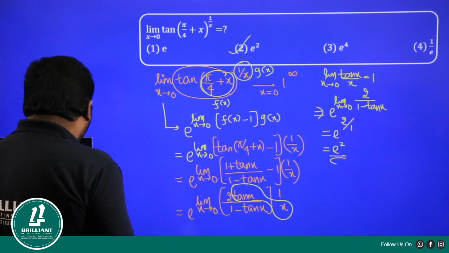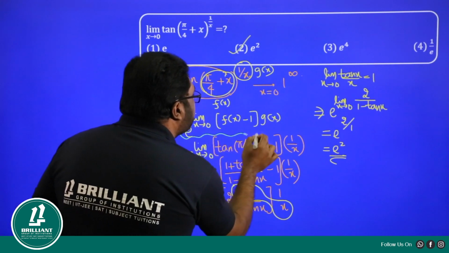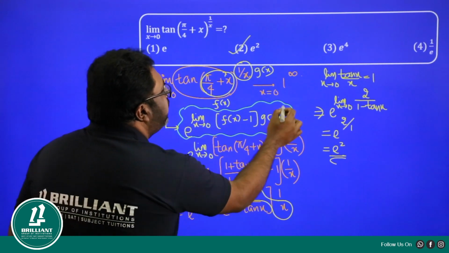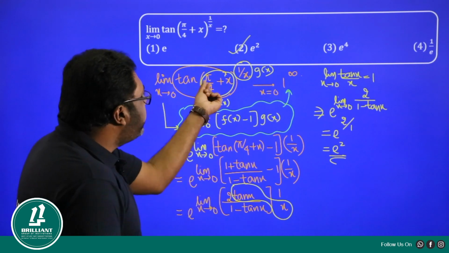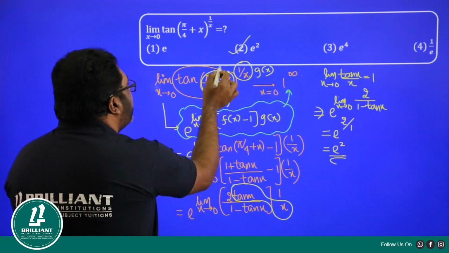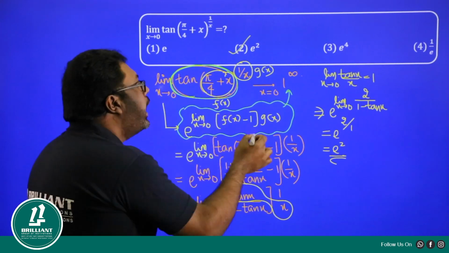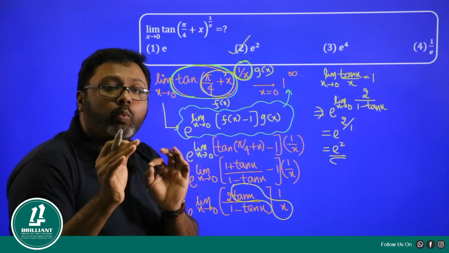So I want you people to learn this shortcut by heart. What is this shortcut? Whenever you have a 1 raised to infinity form, you're supposed to remember that this function over here will be called my f of x and this function over here will be called my g of x. And what is the reason?